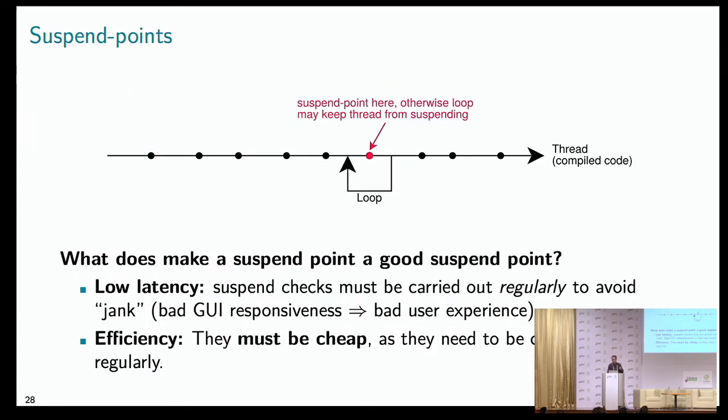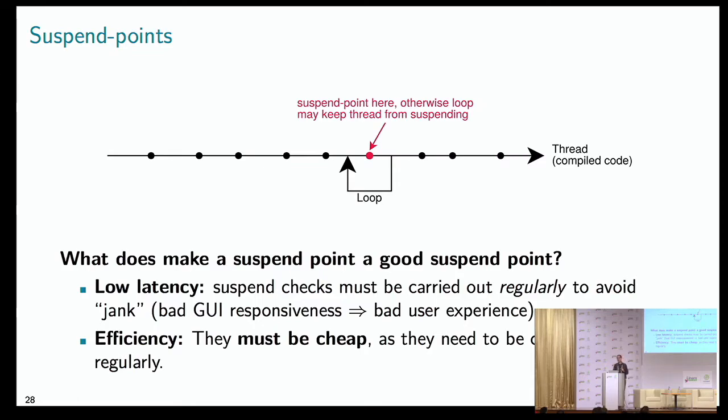So there are a number of reasons why suspend points are important, but what are the requirements over them? Here you see a simple case where we have a loop. The loop is represented with this arrow. Imagine you don't put a suspend point inside this loop. What can happen is that your thread goes on forever and never stops. And you don't want this because you want low latency garbage collection.